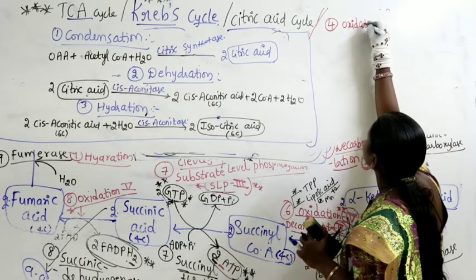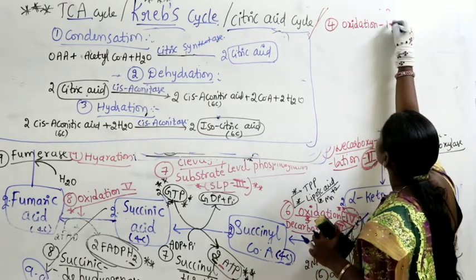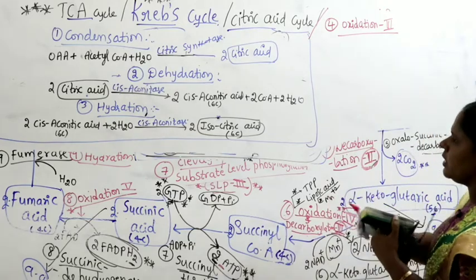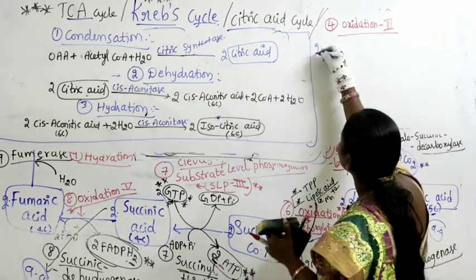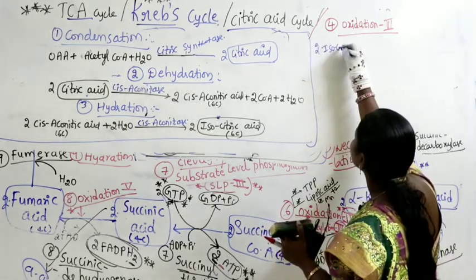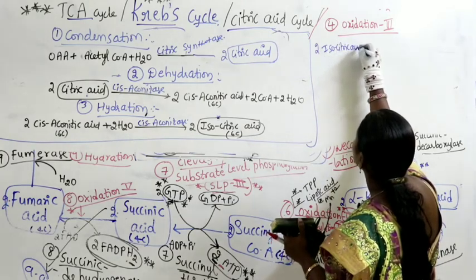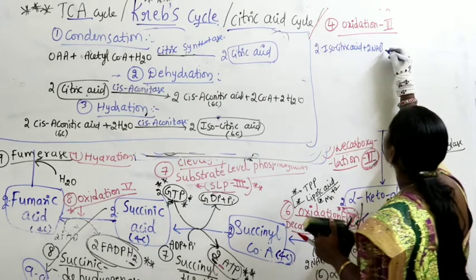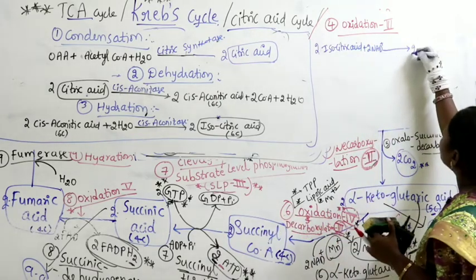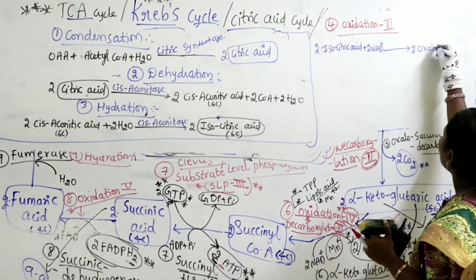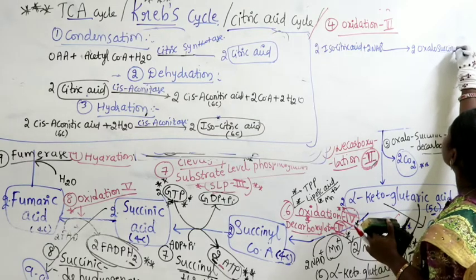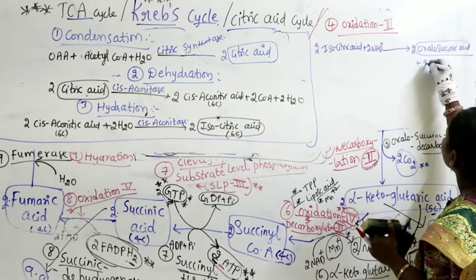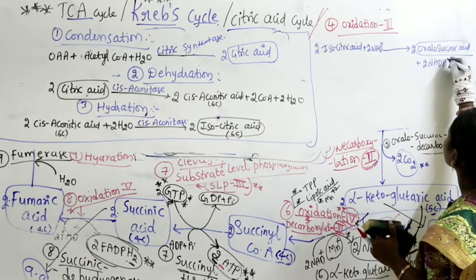Oxidation number 3. So what happens in oxidation number 3? The two molecules of isocitric acid plus 2 NAD plus get converted into two molecules of oxalosuccinic acid plus 2 NADH2.